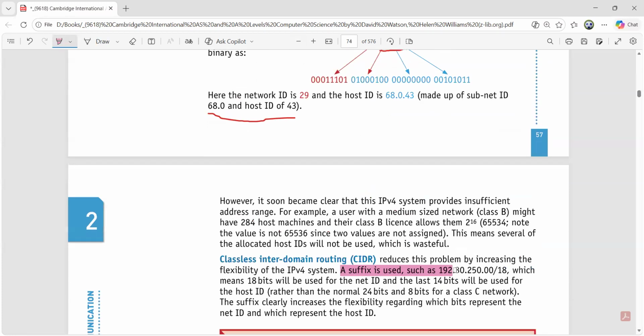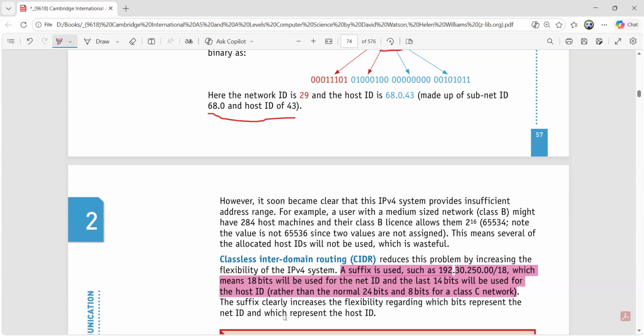Class C means the net ID is what and the host ID is what? Can you tell me? What is the normal class C network's host and net? The normal is net ID 24 bits and host ID 8 bits. But what have we done? We have just changed this combination, and that is called CIDR, classless interdomain routing. We have used a suffix like maybe 18.